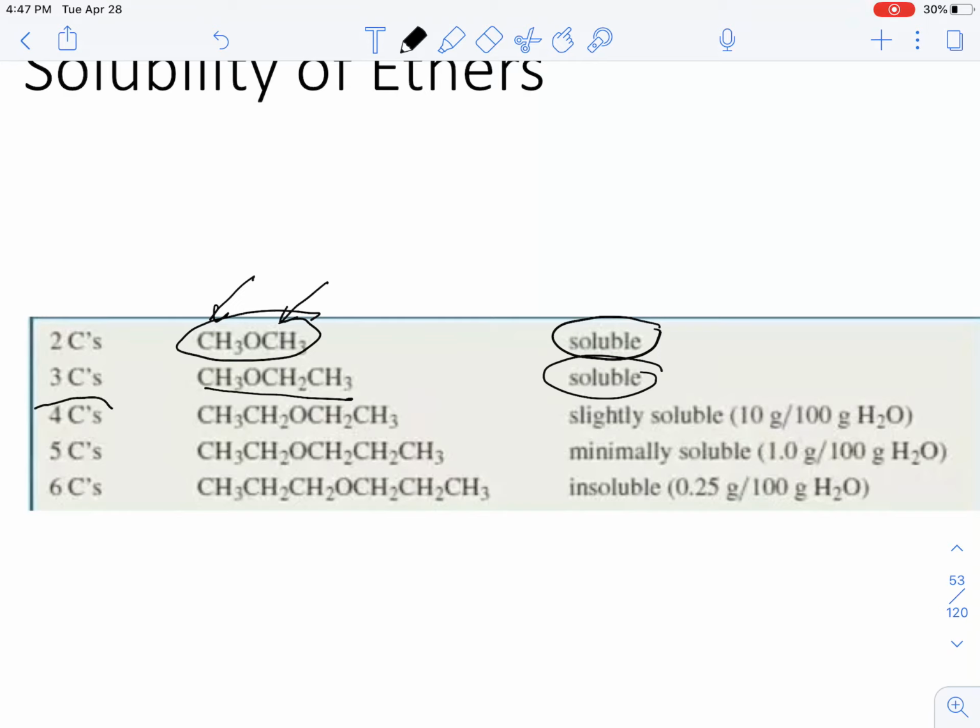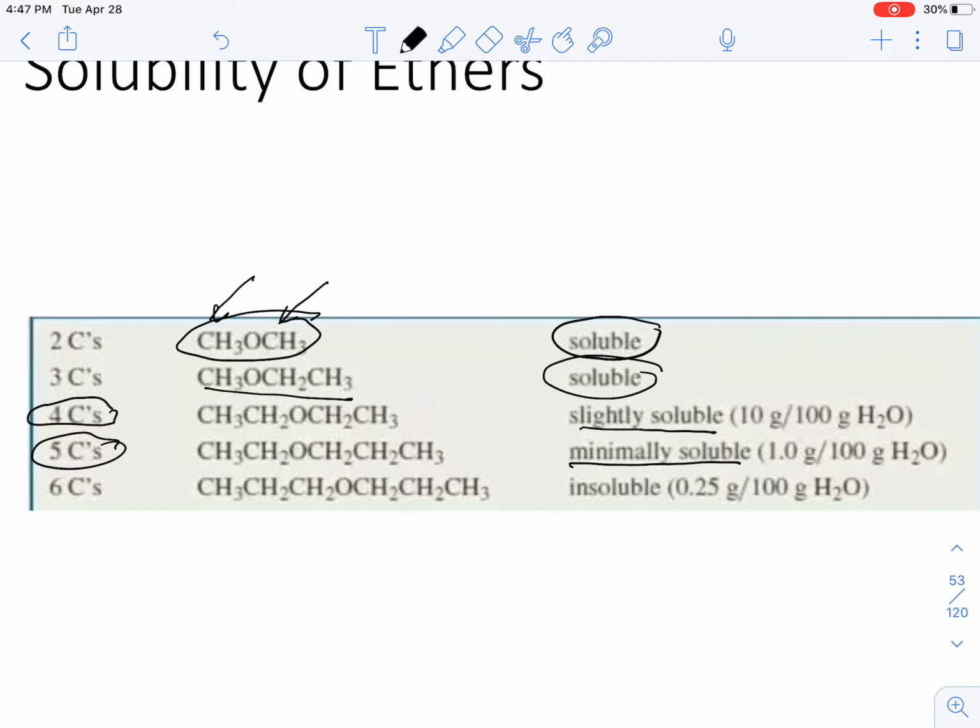When you get to 4 carbons, it'll start gradually becoming slightly insoluble. So we're getting into that range where if we increase the number of carbons, it becomes more insoluble. If we have 5 carbons, it's minimally soluble. I mean, it still does dissolve.